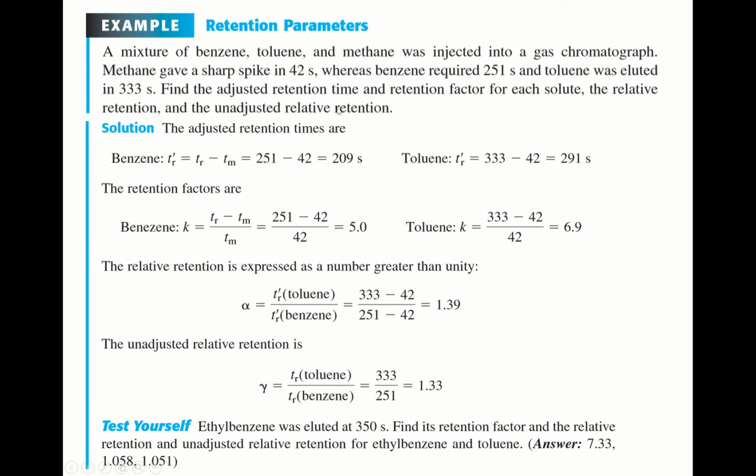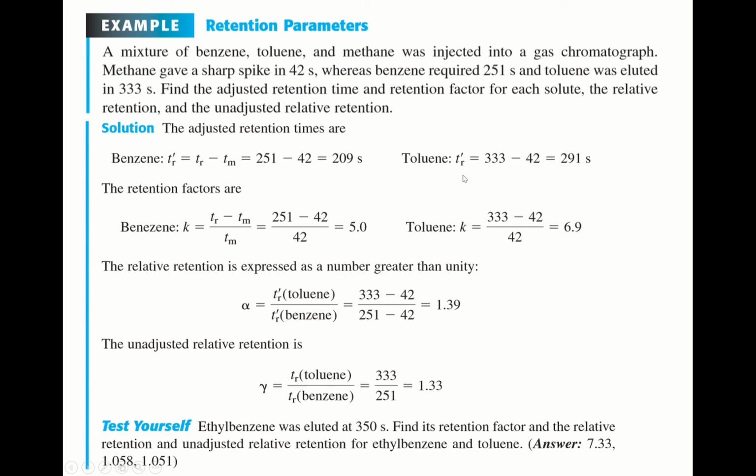Find the adjusted retention time and retention factor for each solute, the relative retention, and the unadjusted relative retention. If you know the definition of each term, it is easy to calculate. The adjusted retention time for benzene is 251 minus 42, for the methane, and you get 209 seconds.